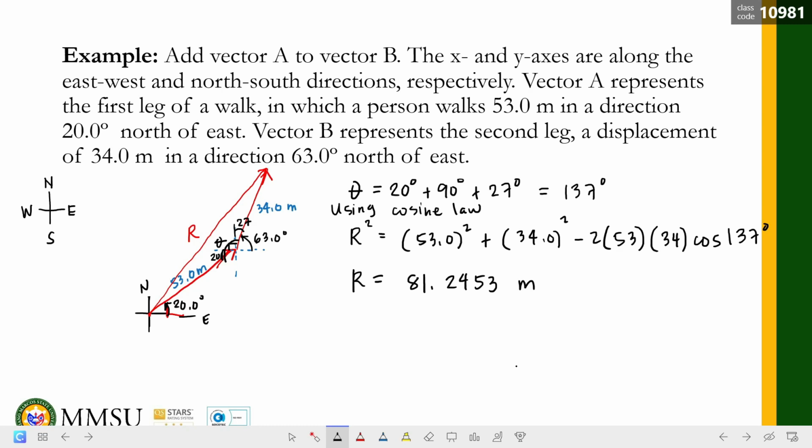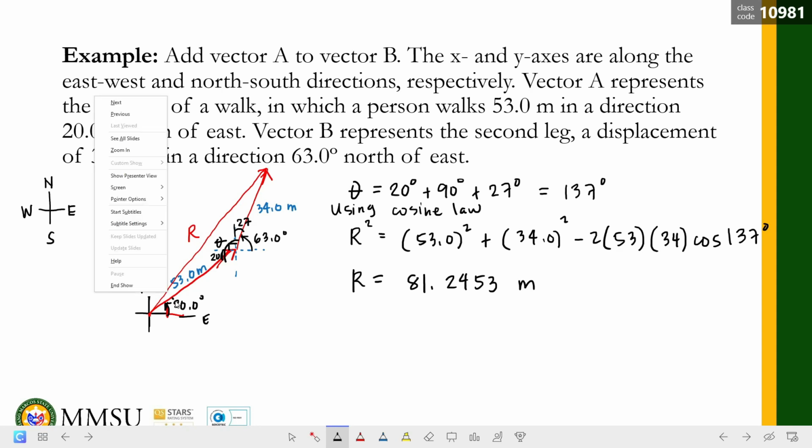That is our resultant already. Okay? So, the resultant is 81.2453. And then, of course, kailangan natin yung direction. Okay? The direction should be always measured from the x-axis.